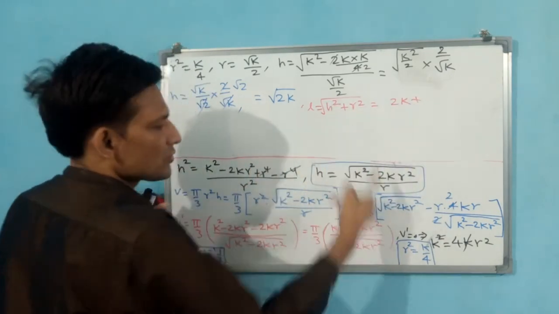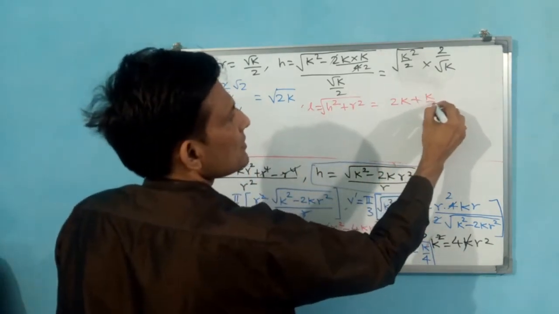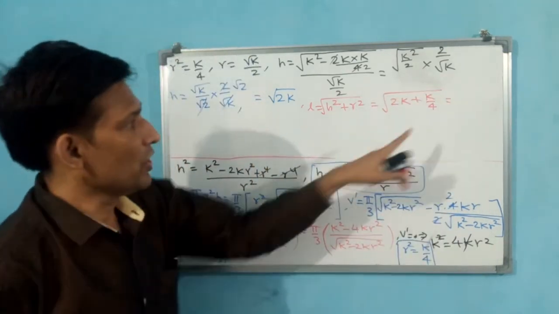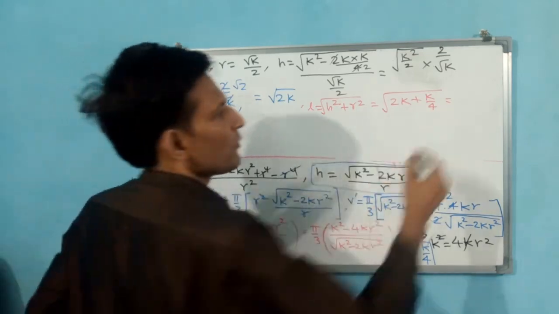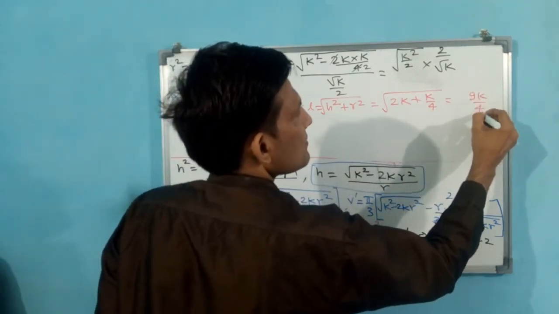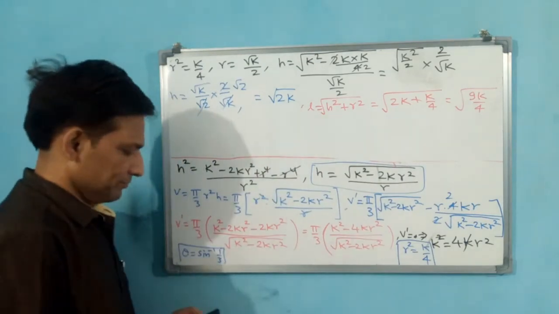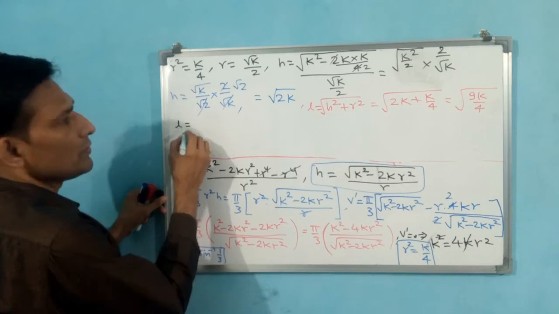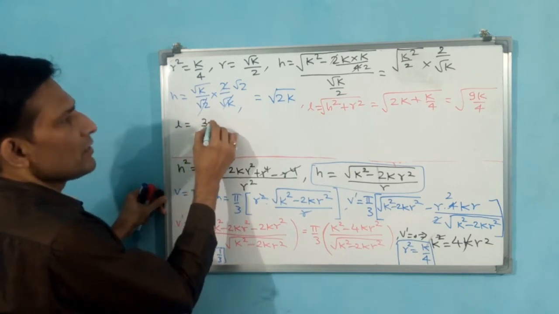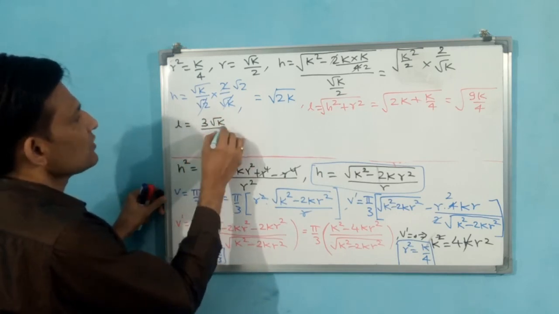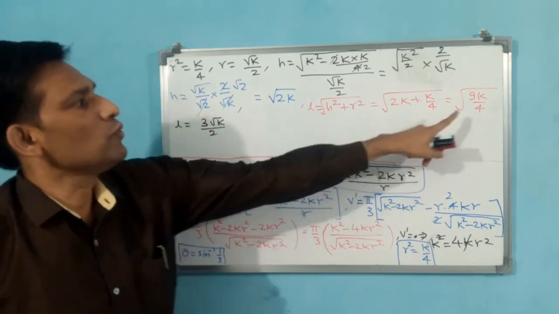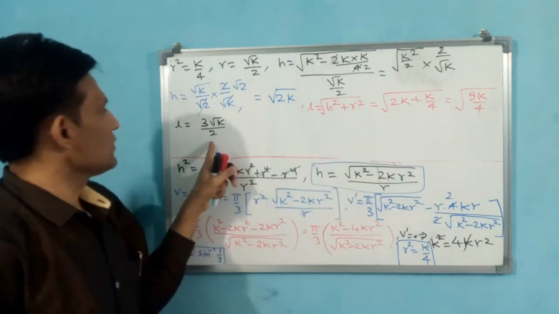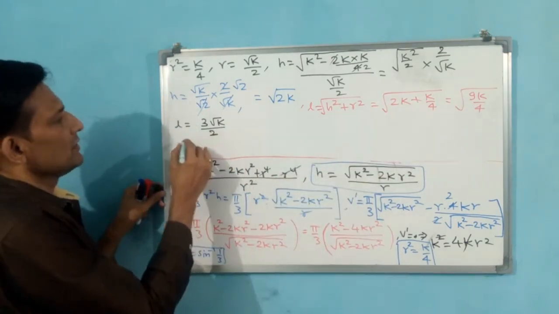Plus r square, which means k by 4, all under root again. 8k plus k, 9k by 4, again under root. Write down: L is equal to 3 root k by 2. If you remove the root, 9 becomes 3, and root of k by 4 becomes root k by 2. This is the L.